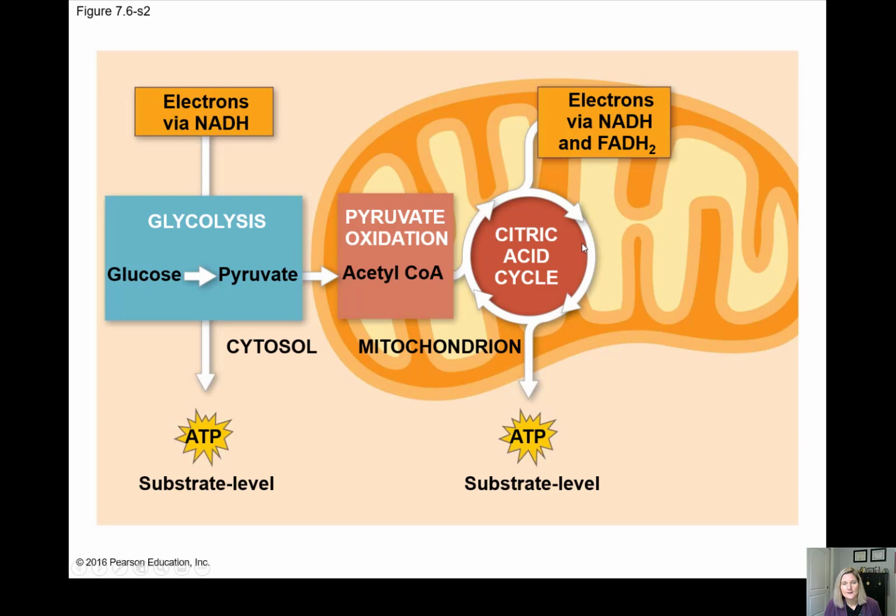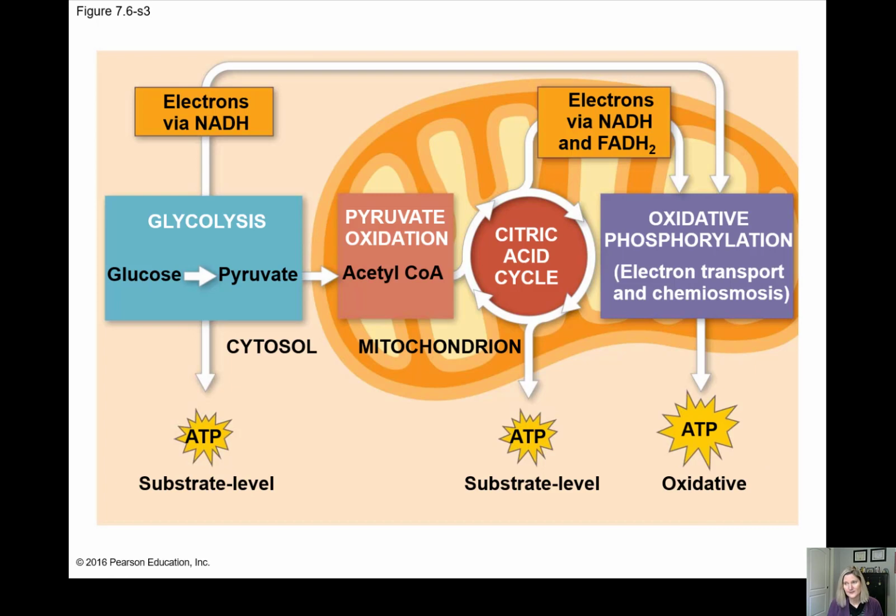In this cycle, we further break down the original glucose molecule, stripping electrons from it. Those electrons get added to NAD plus to form NADH and to FAD to form FADH2. So now we have a bunch of electrons going to the last part, the inner membrane. A little bit of ATP is produced in that process. So we've broken down the glucose and extracted a bunch of electrons from it, plus a little bit of ATP.